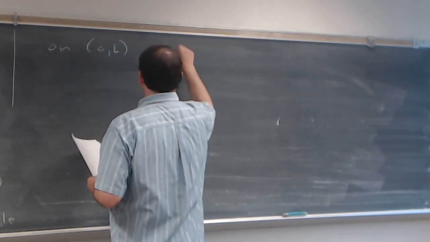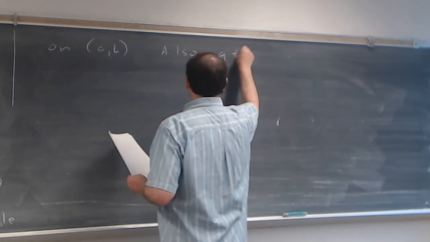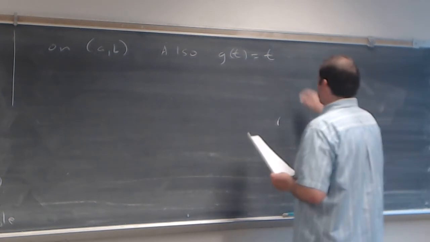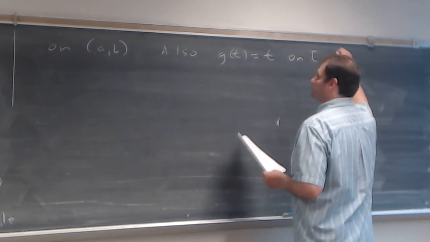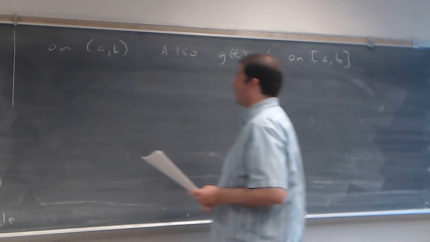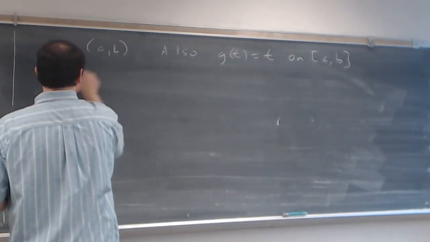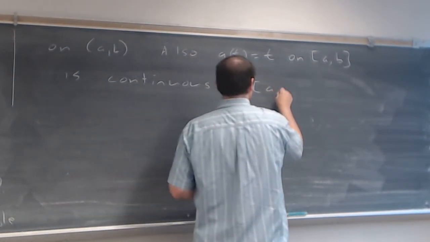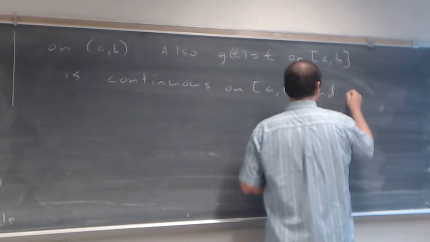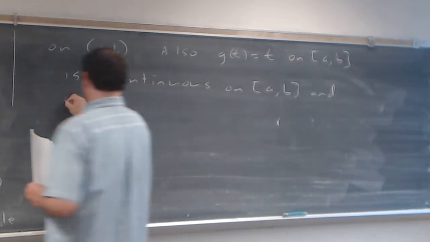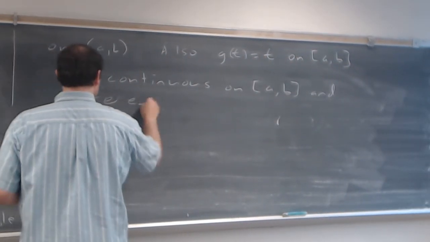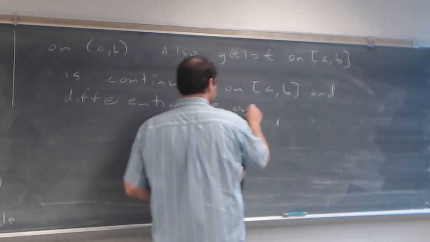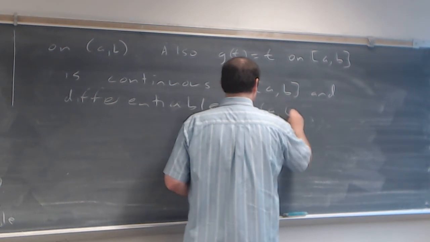Let us examine another function, g of t, which will let g of t equal t. If we define it on [a, b], it is continuous on [a, b] and differentiable on the open interval from a to b.